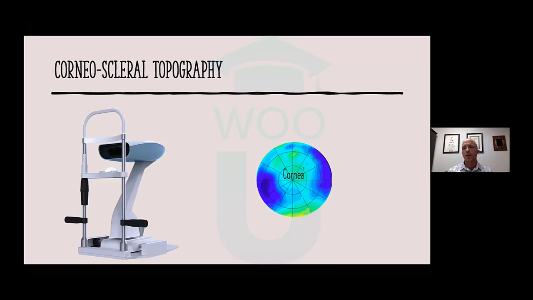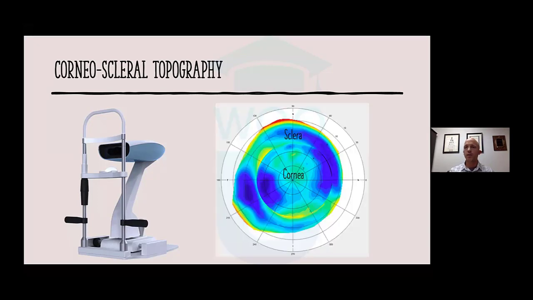And of course, we've had corneal topography for decades now. And unfortunately, those placido-based instruments, those reflective instruments, are limited to just the cornea surface. But now we have had some recent technology advancements that allow topographers not only to measure the cornea, but out onto the scleral surface, sometimes up to 22 millimeters in diameter.